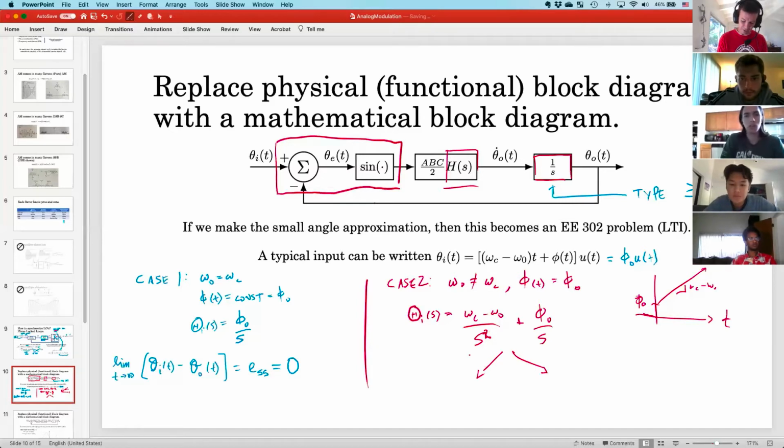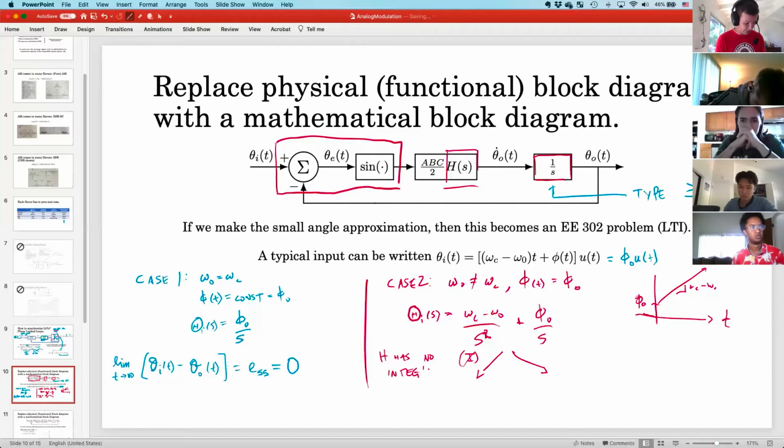So in a type 1 system, that is, H has no integrators, we get a steady state error. So error steady state of omega c minus omega naught all over A, B, C over 2 times H of 0.